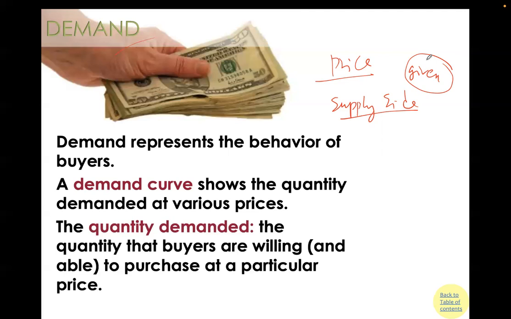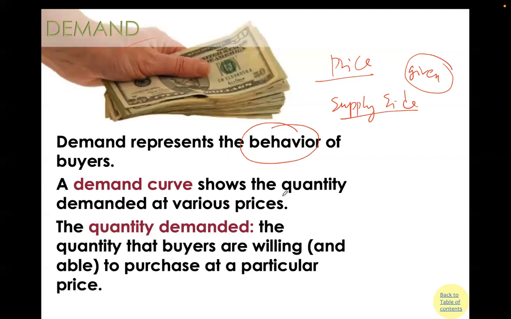So demand is going to represent the behavior of buyers. These are a few concepts we are going to discuss in this slide. The highlight here is the behavior of buyers, and more specifically, how buyers respond to the price signal. We have a demand curve which shows the quantity demanded.